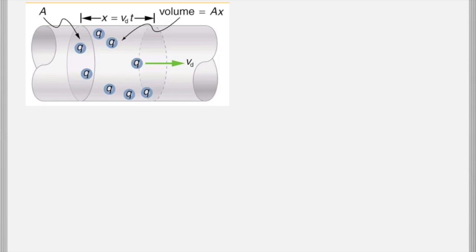So if there are n free electrons in every meter cube, we have to first find the total charge in that section. And the total charge in the section is given by Q, which is the charge of one electron, multiplied by n, which is the number of free electrons in 1 meter cube, and then A times x.